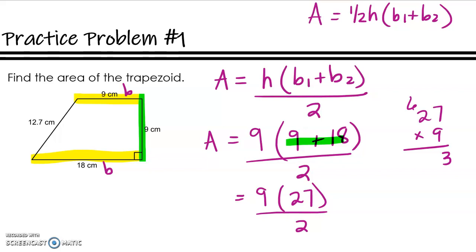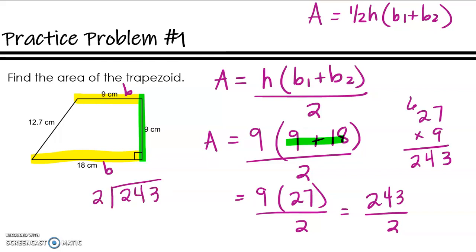That's 243. Okay, so I'm going to just continue over here, 243 divided by 2. And I'm going to come over here and do that. 2 goes into 2 once. 2 goes into 4 twice. And then 2 goes into 3 once.